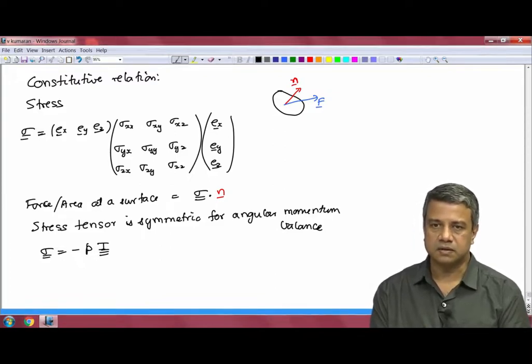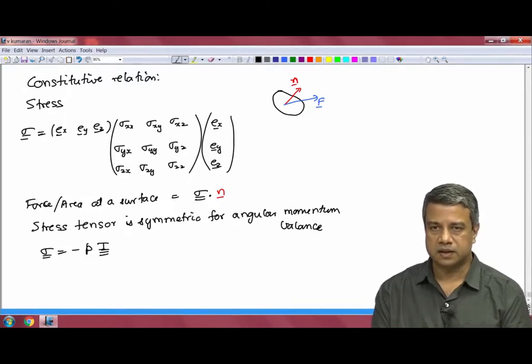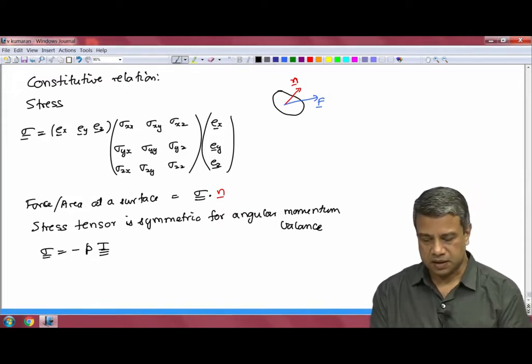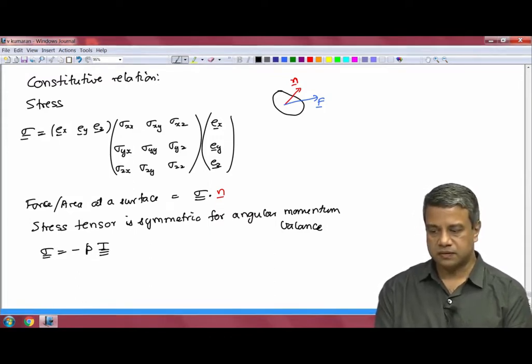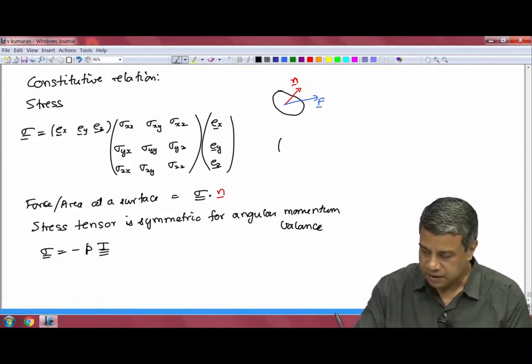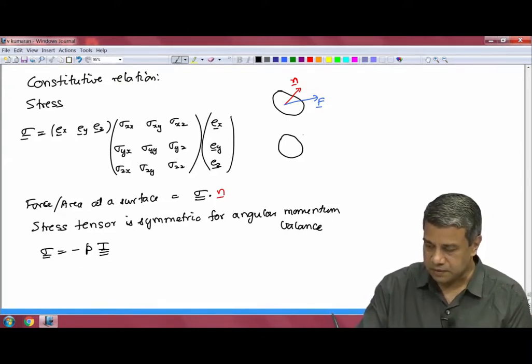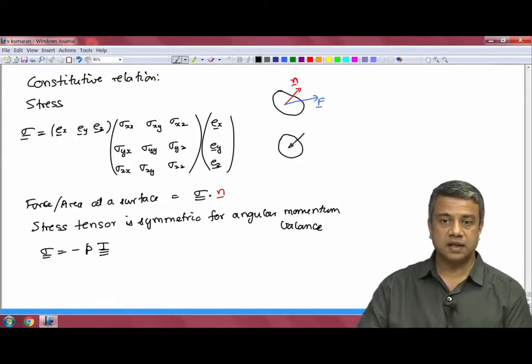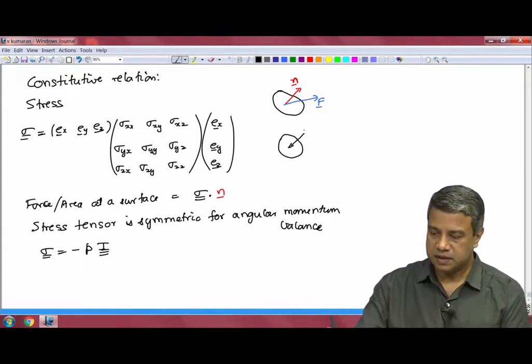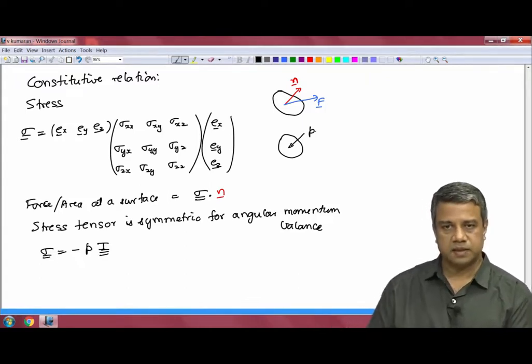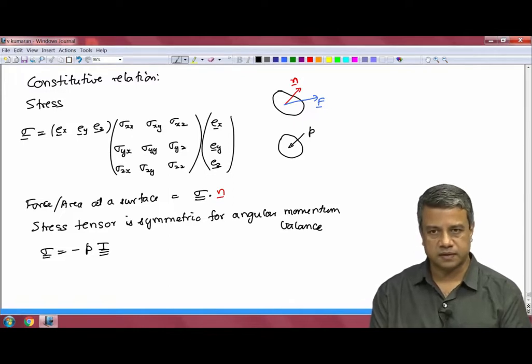So, it is always oriented perpendicular to the surface along the inward unit normal, whereas the stress here has been defined relative to the outward unit normal. That is why there is a sign minus p here and times the identity tensor. So, for any surface, in the absence of flow, the force is always acting in the direction perpendicular to the surface, and the magnitude of the force is the pressure.